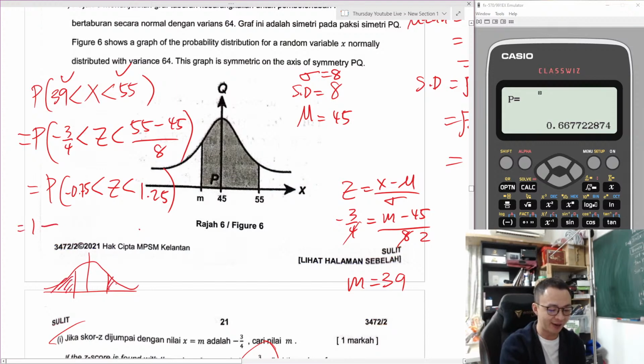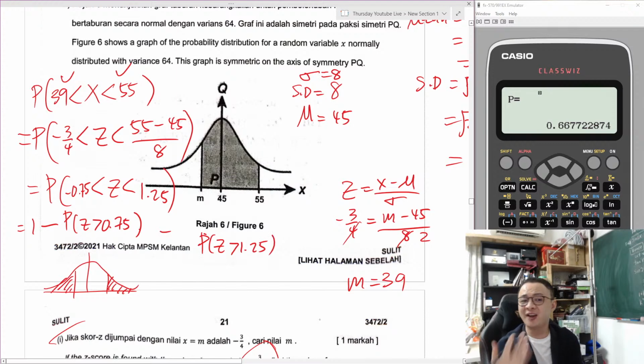You minus this part and you minus the other part. So this part is probability z is bigger than 0.75, and another one is probability z is bigger than 1.25. You need to minus both of them, and then you find from the z value table, you will get the same answer as well.